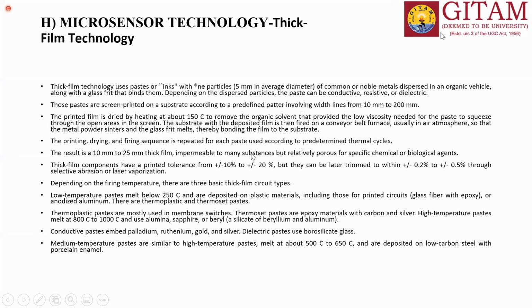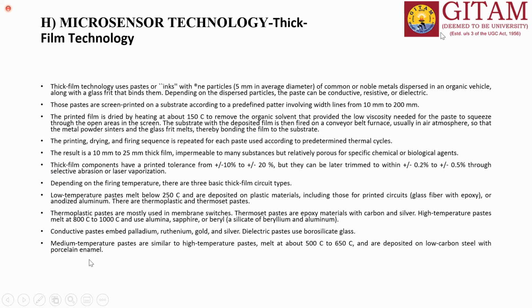So here we have different types of thick film technology. Depending on the firing temperature, there are three basic thick film circuit types. Low temperature thick film technology, which can sustain up to 250 degrees Celsius. And thermoplastic paste, which can work between 800 and 1000 degrees Celsius.